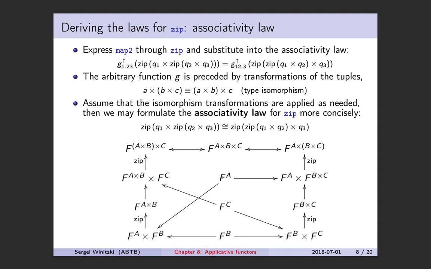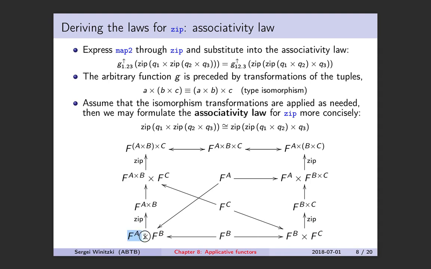Now, the first thing we do is we make tuples, say, of FA and FB. That is indicated by these two arrows. So this is just to make a tuple out of these two. Also, we make a tuple of B and C here.